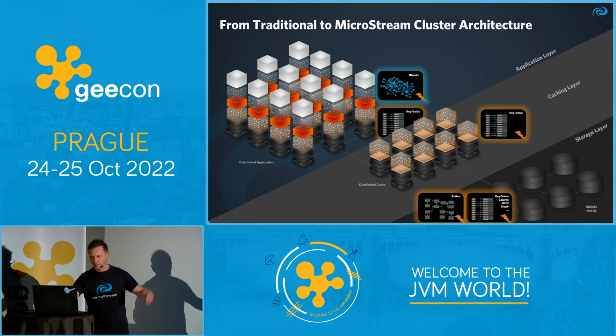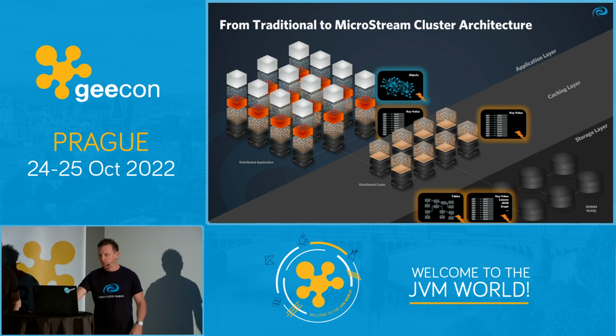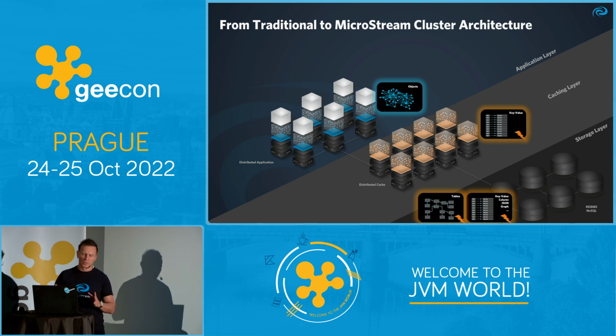Here we have a look at our traditional application cluster. With MicroStream, now we can replace traditional application nodes or microservice nodes with MicroStream nodes. And it depends on your use case, of course.